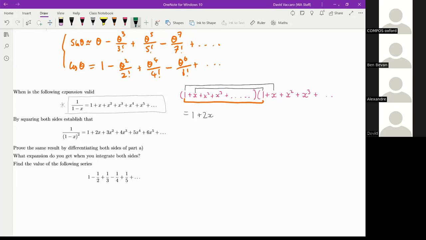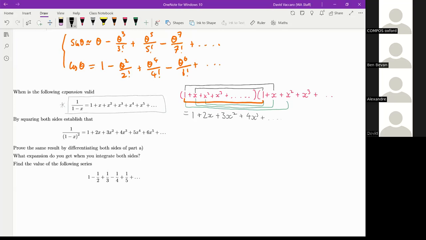To get an x squared term, I could put the x squared with the 1, the x with the x, or the 1 with the x squared. So that gives me 3x squared. And we can now see the pattern, and we can assume that we will get 4x cubed and so on.